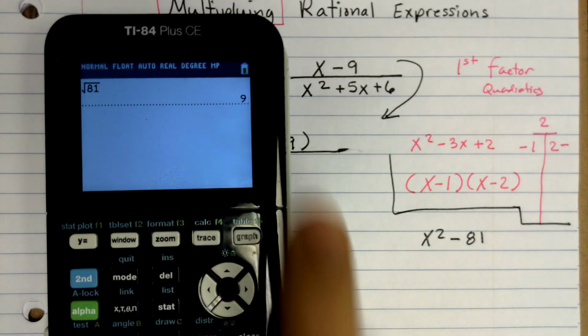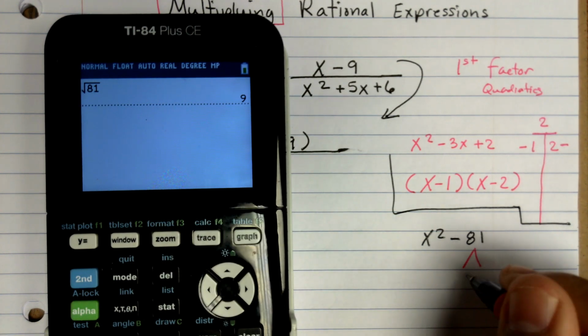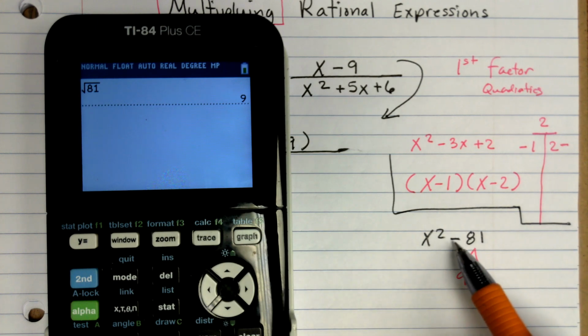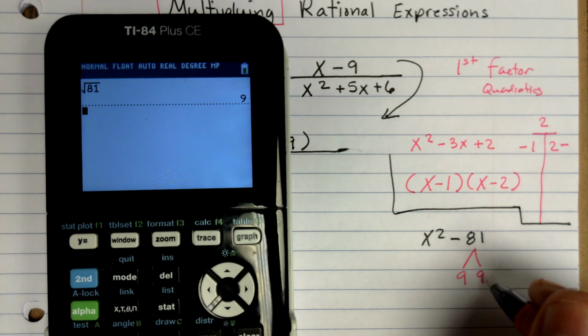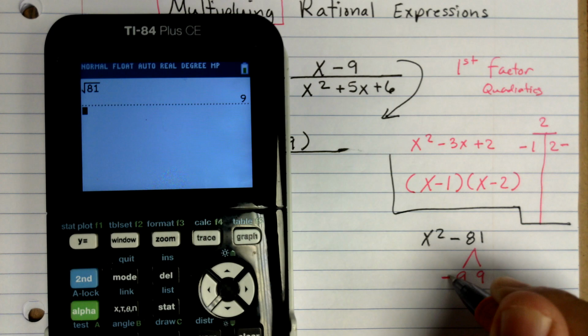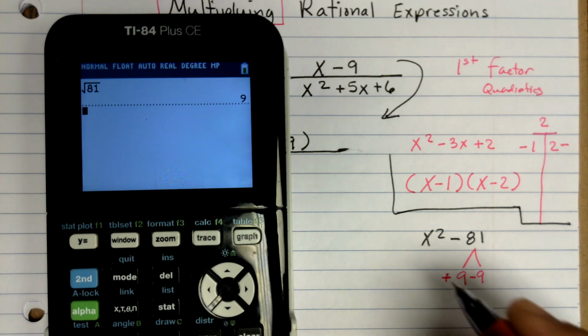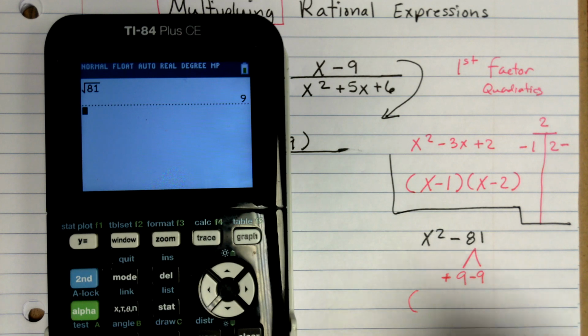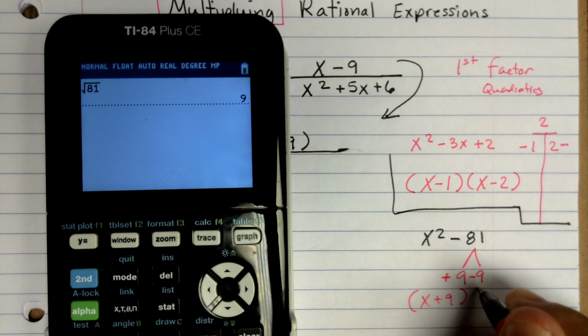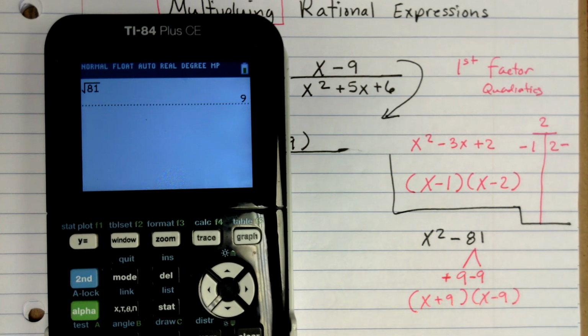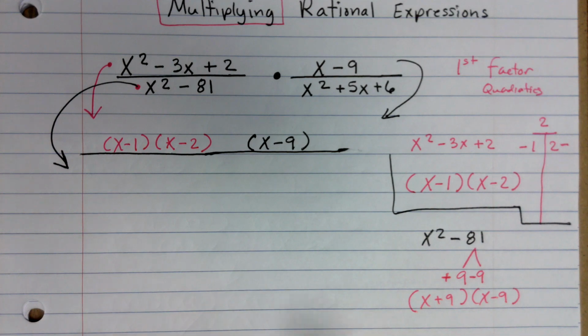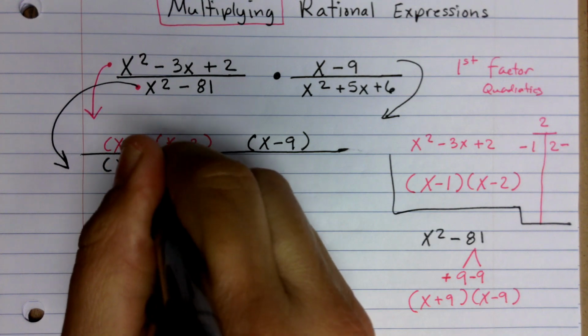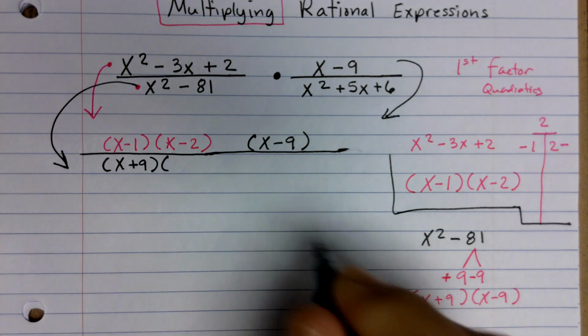In other words, the square root of 81 is 9, so I know that this can be broken up into a 9 and a 9. And because it has no middle term, in other words, it doesn't have the term where it says like some number times x, then I know that one has to be positive and one has to be negative. So my factors for this particular quadratic are going to be x plus 9 and x minus 9. And we're going to go ahead and write those factors right here. So we have x plus 9 and x minus 9.